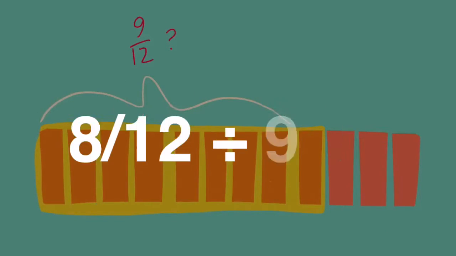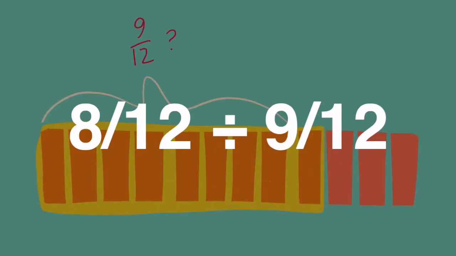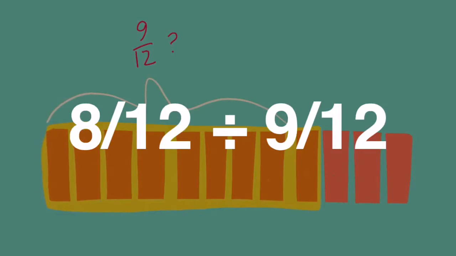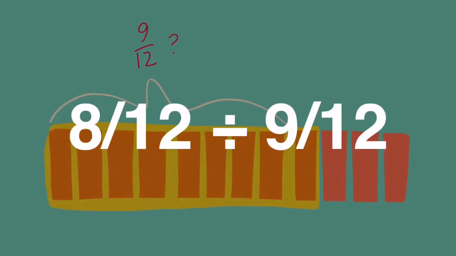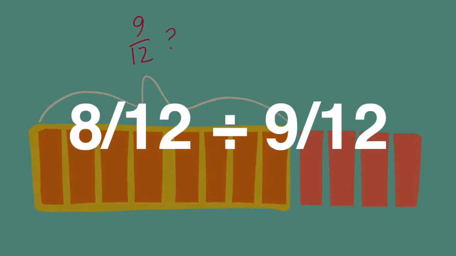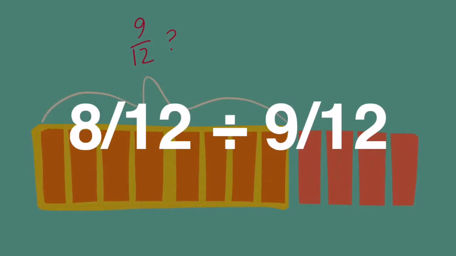Oh no. Notice again that we have 8 pieces shown or selected, and we're supposed to take a group of 9. That's 1 more than we have. So can we even take a whole group of 9/12 away from 8/12? No, we can't. Instead, we can only take 8/12 away from 8/12.